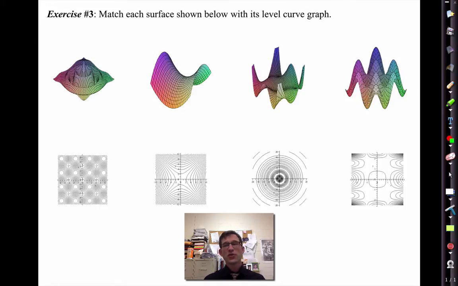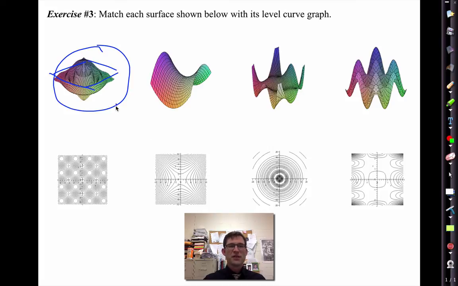All right, now it's a little bit tricky, especially when we can't rotate and revolve these things. We're going to do that in a little bit. But the idea would be if I took this surface and sliced it with a horizontal bread knife, remember that z equals a constant. Which one would give me the level curves?